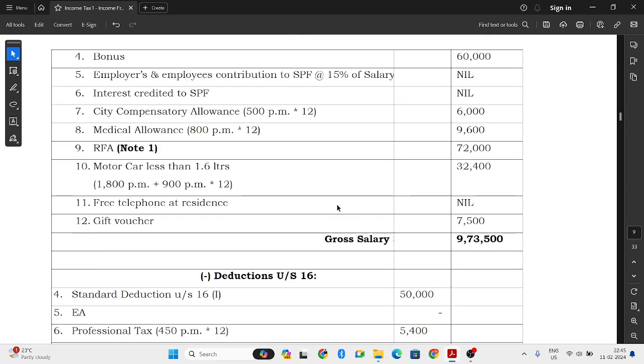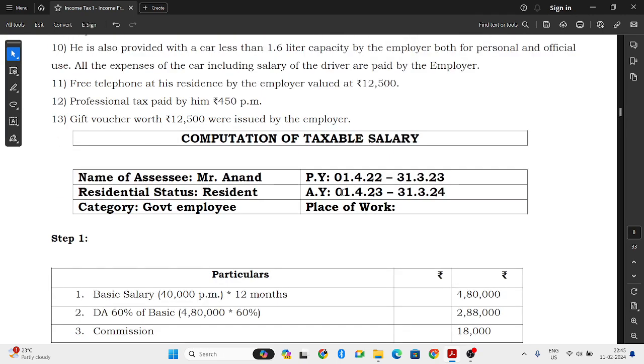Next, gift vouchers worth 12,500 were issued by the employer. Gifts received are anyway taxable. In certain organizations, on special occasions, they will give gift vouchers worth 12,500 rupees. They have not said it is in cash.